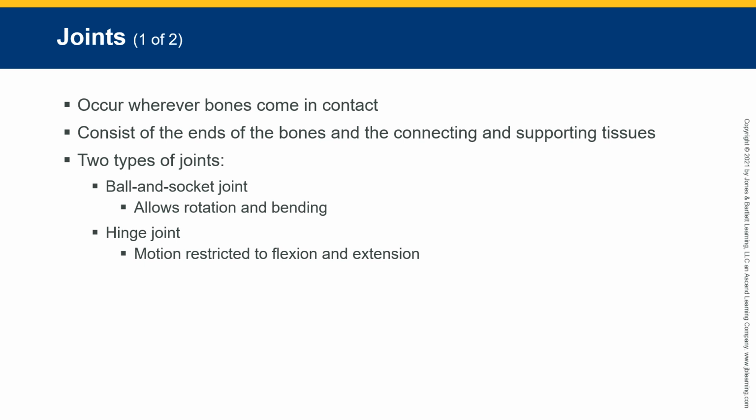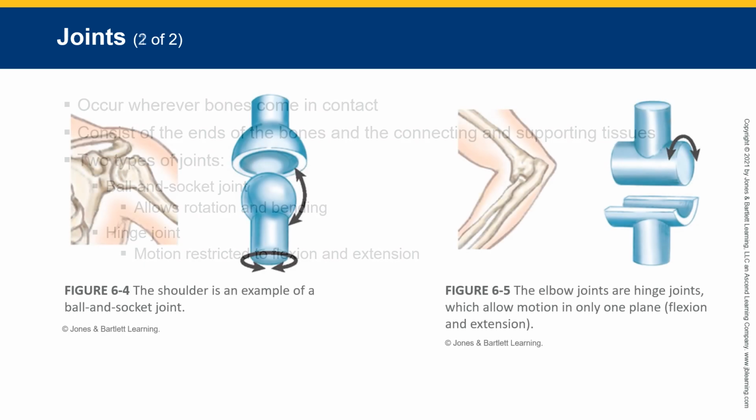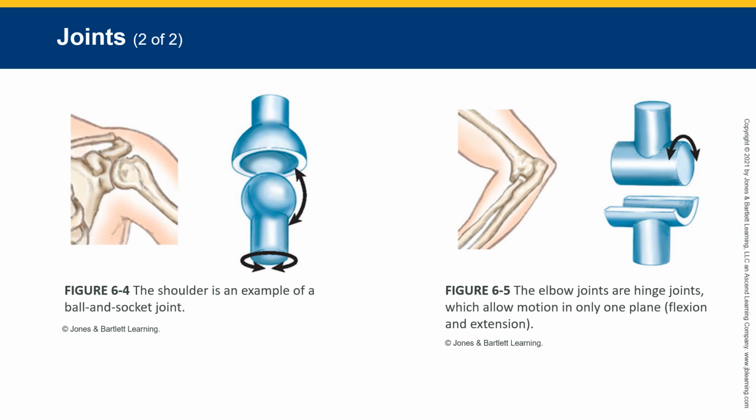Okay, so your ball and socket allows rotation and bending. Which type of body part is your ball and socket? Shoulder. Yep. Hinge joint. Motion restricted to flexion and extension. A lot more simple than people think. Yep. Shoulder is an example of a ball and socket, and elbows are hinge joints.